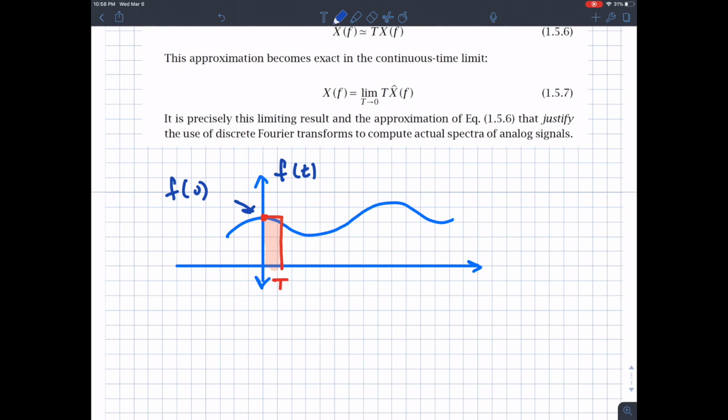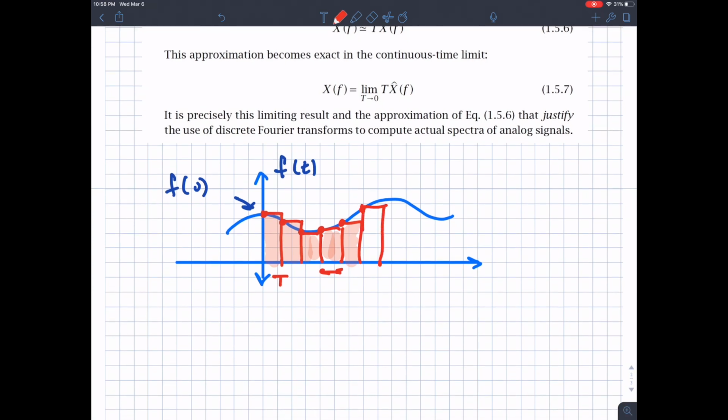Then we take the next sample value, that would be right here, we would hold it, and then add the area in here. Repeating this process, sample values, hold, fill in the area, everything spaced apart by cap T, and we end up with this as an approximation for an integral.